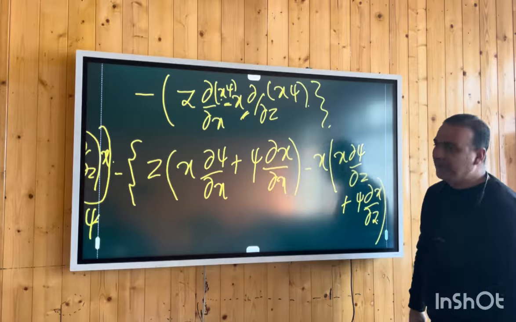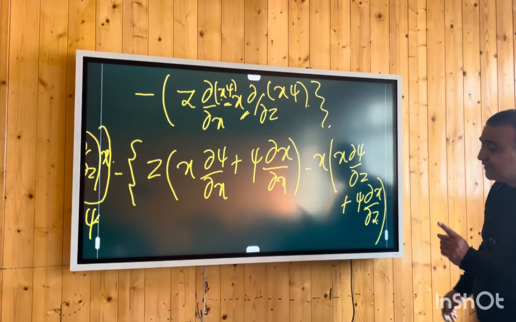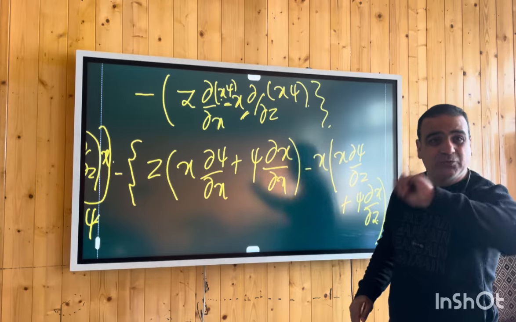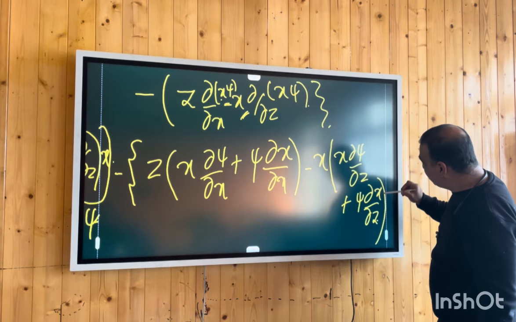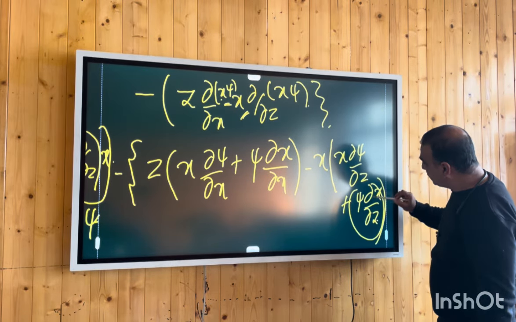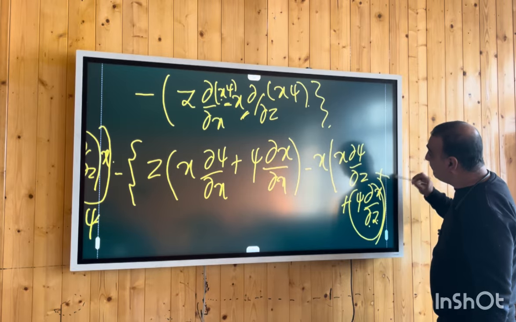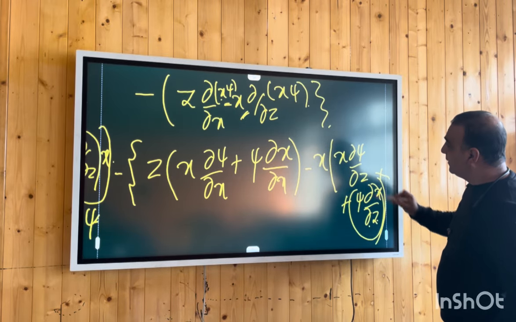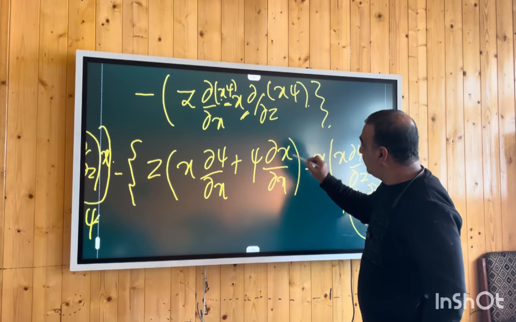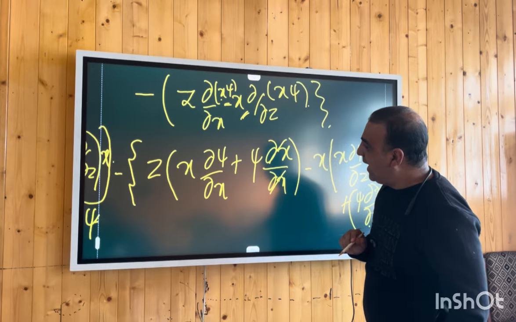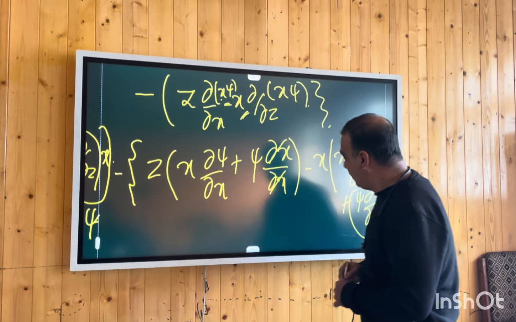This is it. Now let's get rid of those terms in which the partial derivatives do not match. You can see this term is gone because it is ∂x/∂z. So this I will take across. This will exist, this will give me psi.